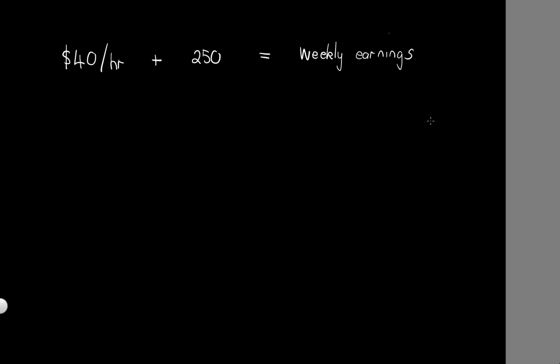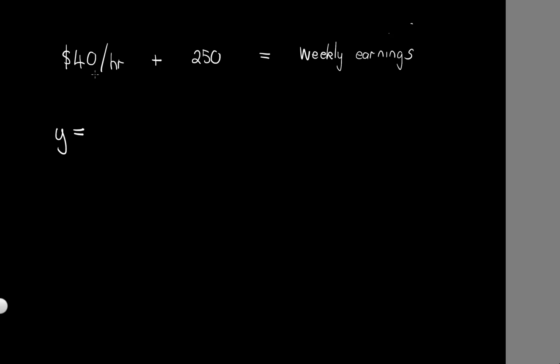Now, our weekly earnings, normally in this sort of arrangement, we're going to call the weekly earnings Y. Now we're earning $40 per hour. So if I worked for 1 hour, I'd earn $40 plus $250. If I worked for 2 hours, I'd be earning $80 plus $250. 3 hours, it'd be $120 plus $250.